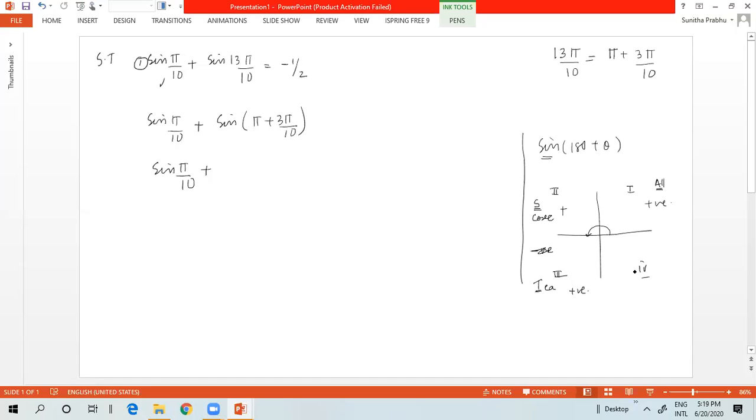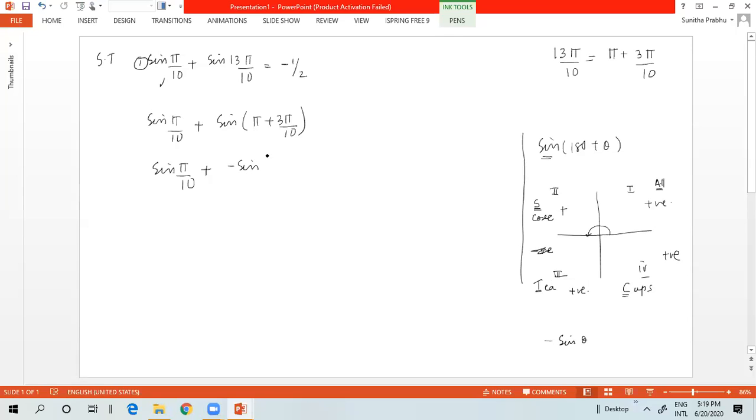And here cos and secant, cos and its reciprocal will be positive in this quadrant. This is the convention we follow. 180 plus theta means it comes in the third quadrant. Only tan is positive, which means sine is negative, right? So 180 means sine remains sine. So it's going to be minus sine theta. Correct?